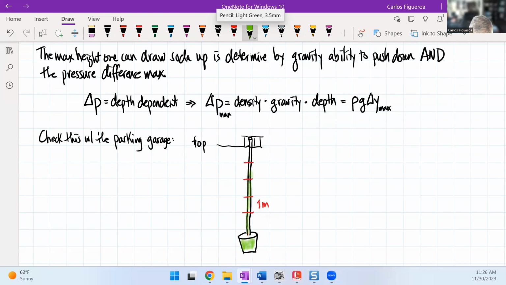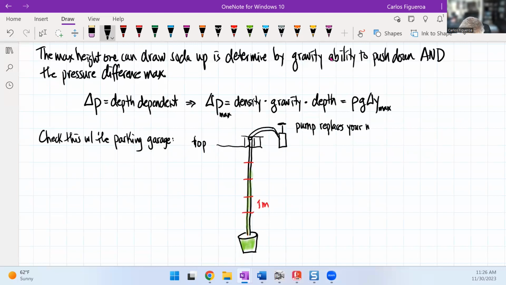Now, up at the top here, we're going to attach a pump. The whole goal of the pump, of course, is to take air out of the tube. The pump replaces your mouth for drawing air out. So you're pulling air out with the pump, and now I create a pressure difference.